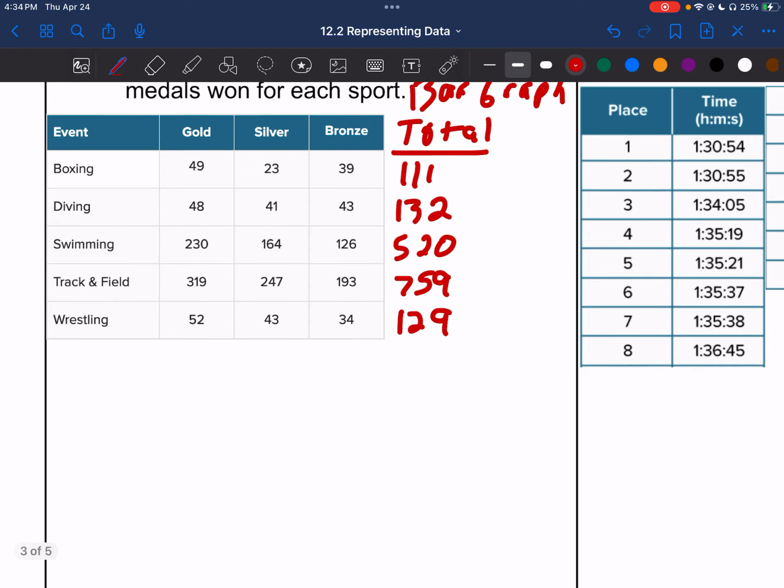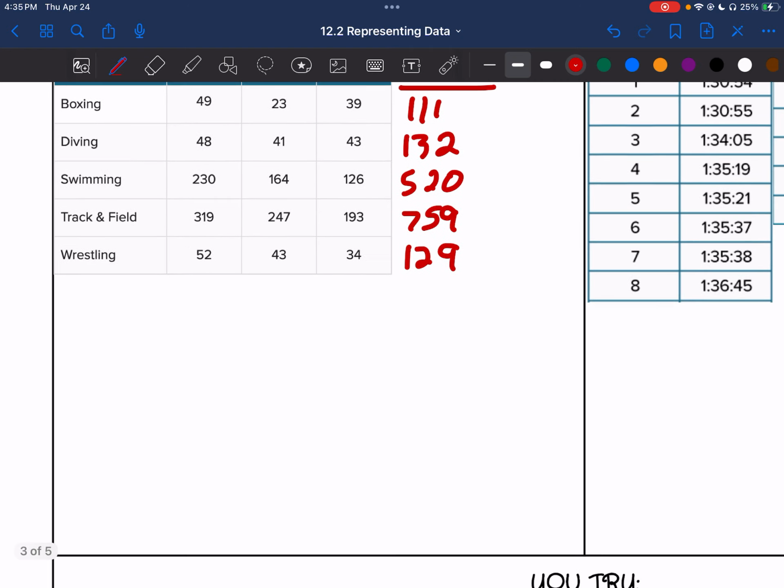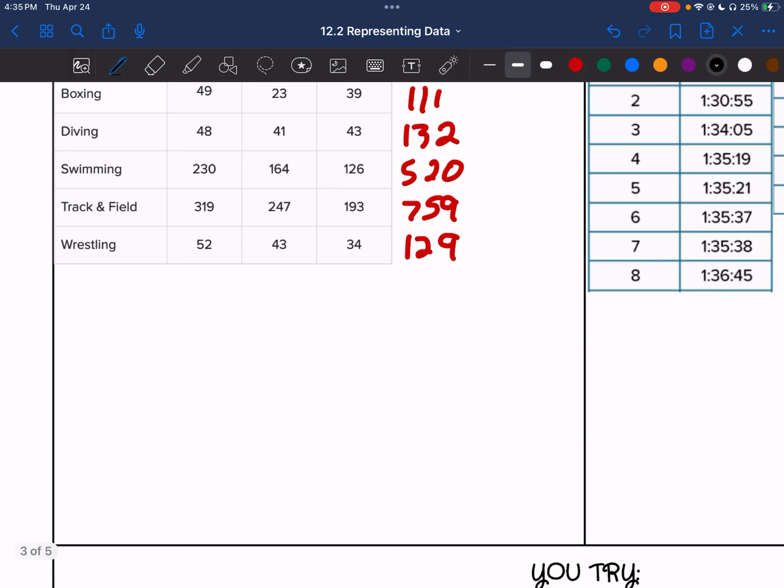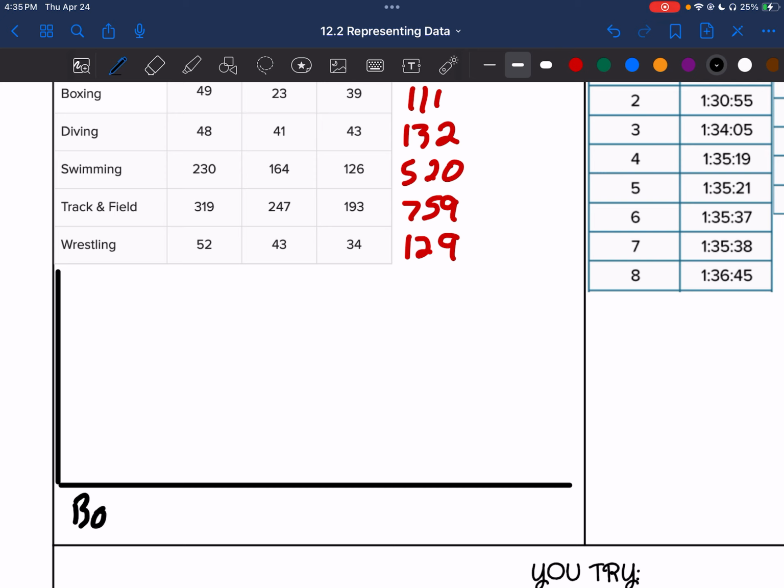So now we need to use this data to make a graph. So we're going to do kind of a coordinate one or quadrant one graph here. We're going to write our events. So we have boxing, we have diving, and I'm going to just abbreviate. We have swimming, we have track and field, and we have wrestling.